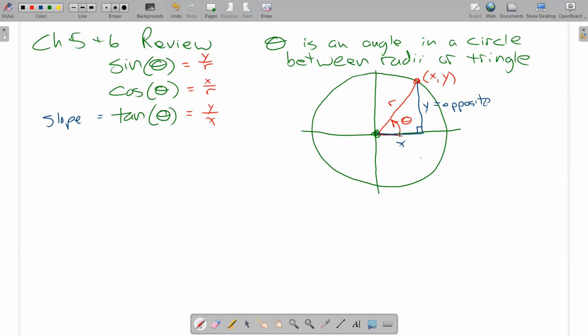And that length there, that x value, that side is adjacent or next to that angle. So sometimes when we're talking about these ratios, we talk about opposite versus adjacent. Sometimes we talk about x and y, kind of depends on the context. With respect to opposite and adjacent, this radius is also called the hypotenuse, right, of the right triangle.